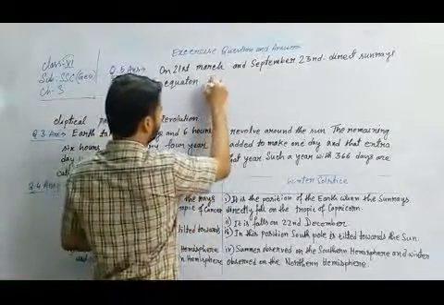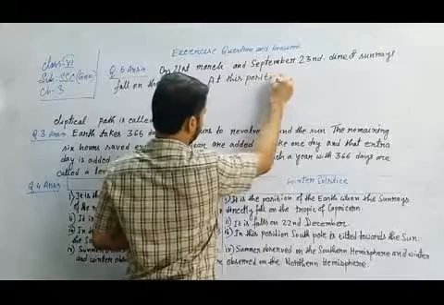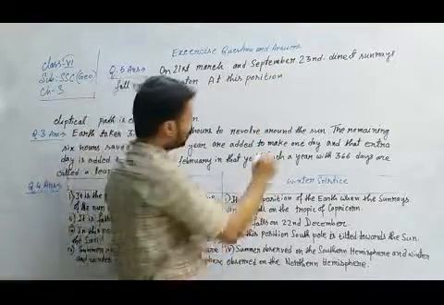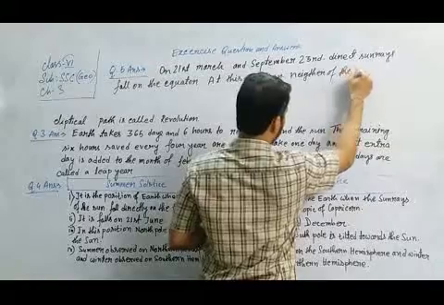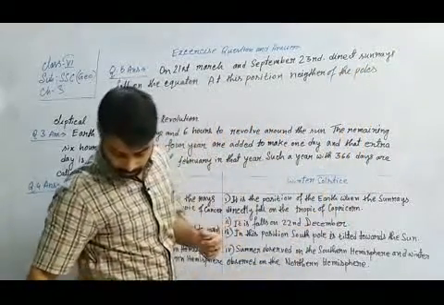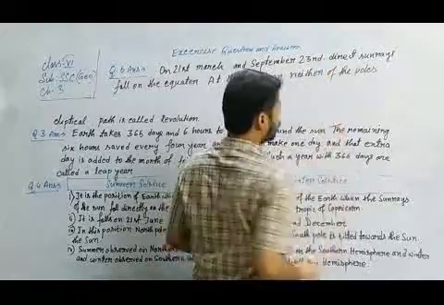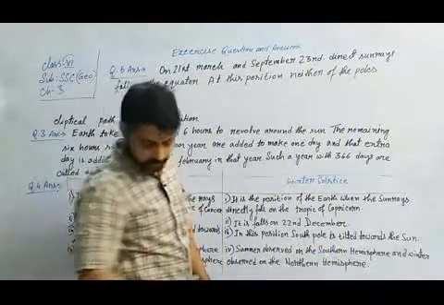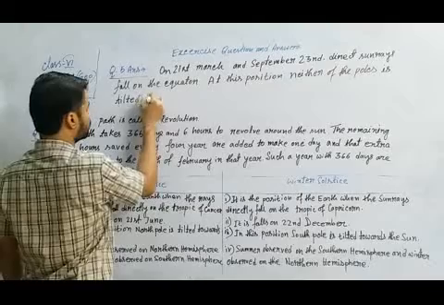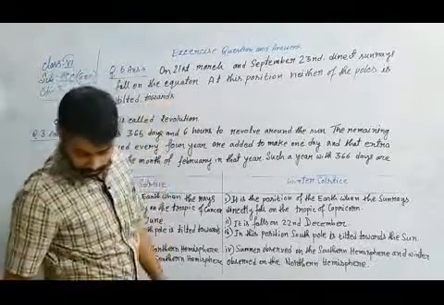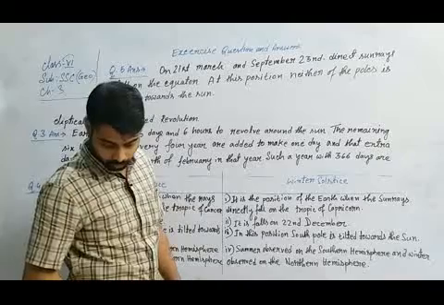Full stop. At this position, neither of the poles is tilted towards the sun. Full stop.